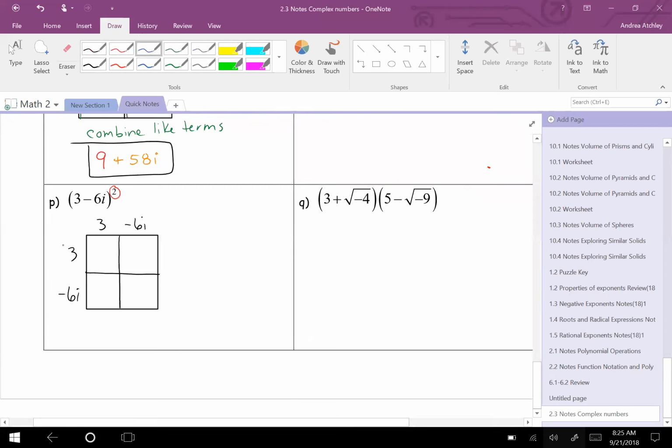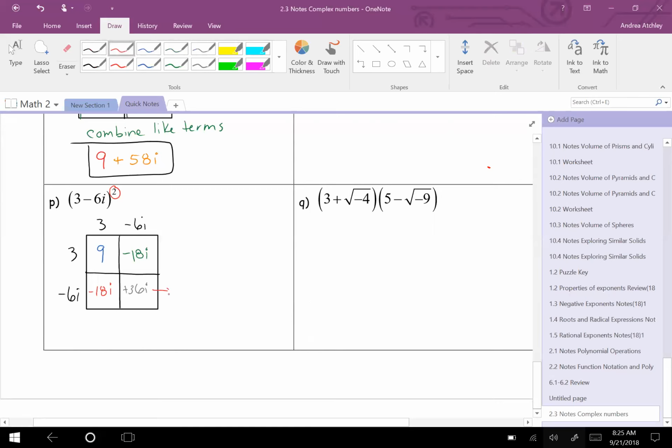What's 3 times 3, class? 9. Good. Negative 6 times 3? Negative 18, and it has an I. And that same thing over here, 3 times negative 6 is negative 18i. And then a negative 6 times a negative 6 is a positive 36, and I times I is I squared.